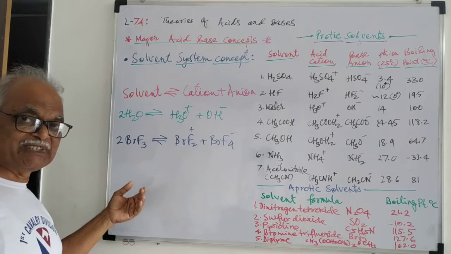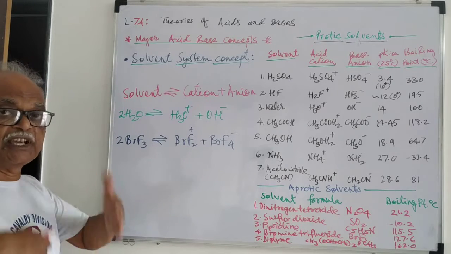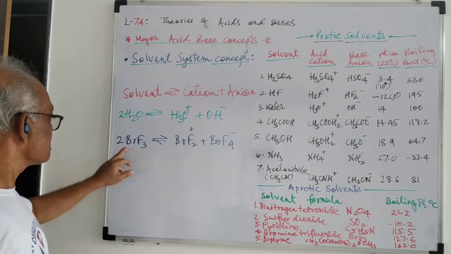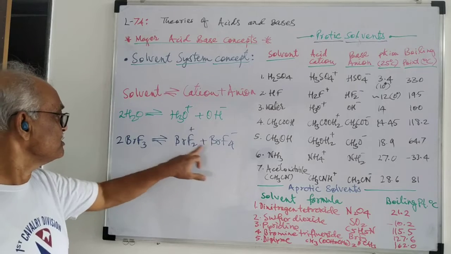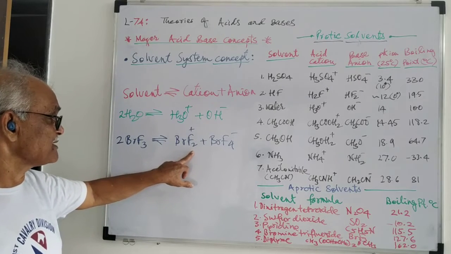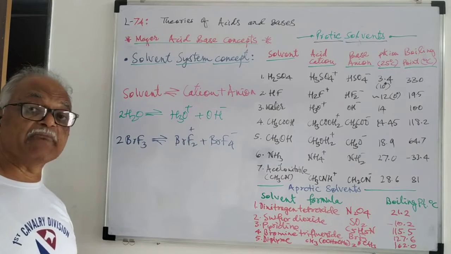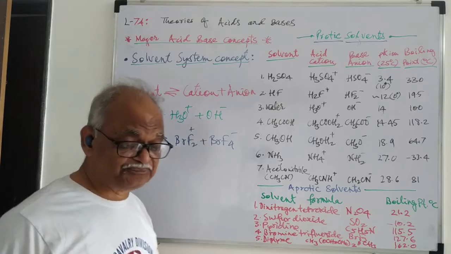They will exchange their F minus. One molecule of BrF3 will lose an F minus to another molecule, and as a result they produce BrF2 plus and BrF4 minus. So one is cation, another is anion.